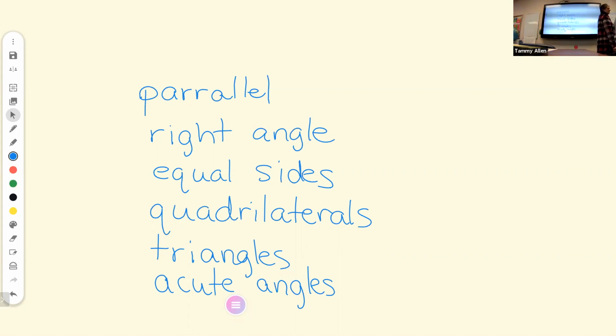Does that make sense? Okay. So I'm looking for geometric terminology. Does that make sense?